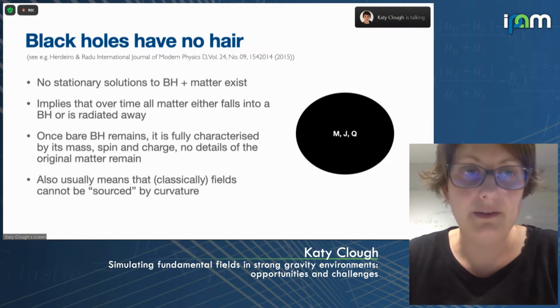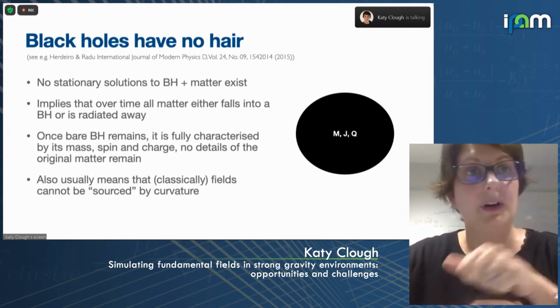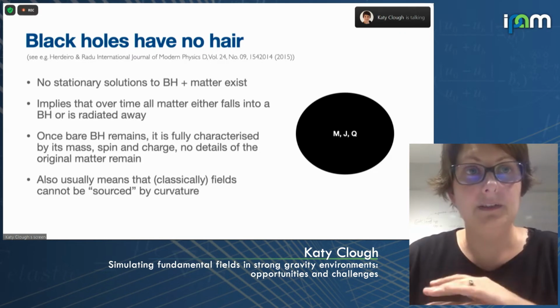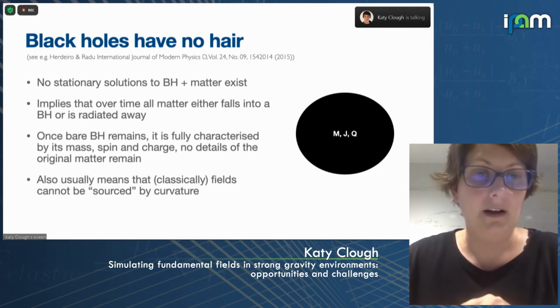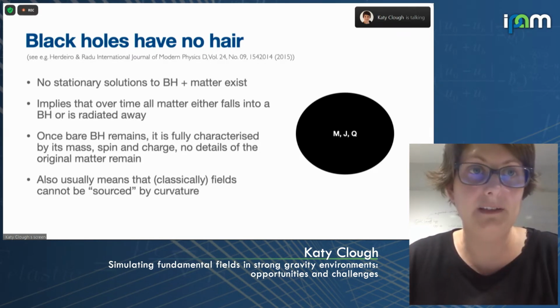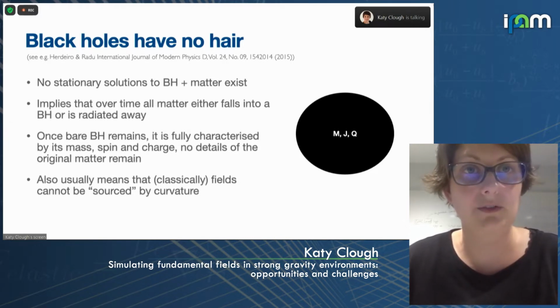Another corollary of this is that in the theories I'm going to talk about, which are all minimally coupled scalar and vector fields, you can't source the fields using curvature. So no matter how much I churn up my spacetime with binary black holes, if I start with zero scalar field in the spacetime, at the end I will still have zero scalar field. The curvature does not act as a source.